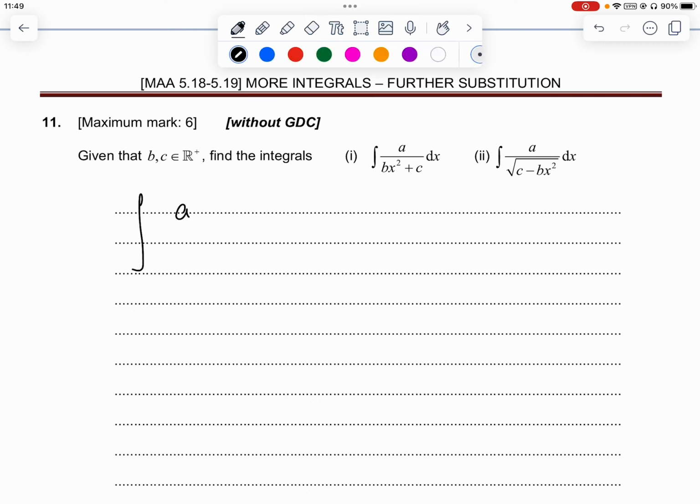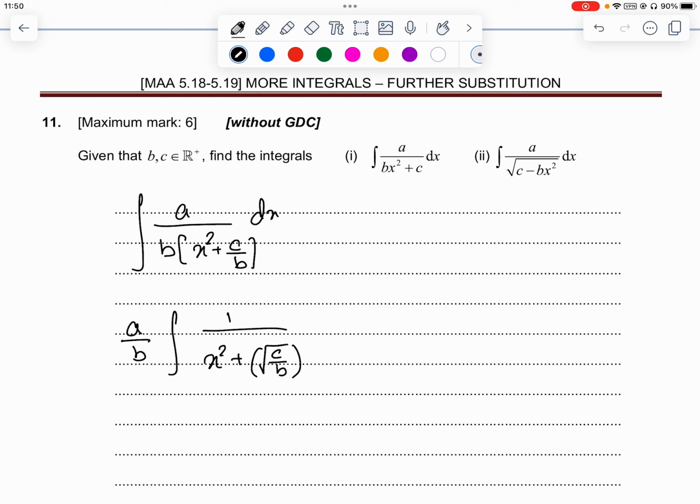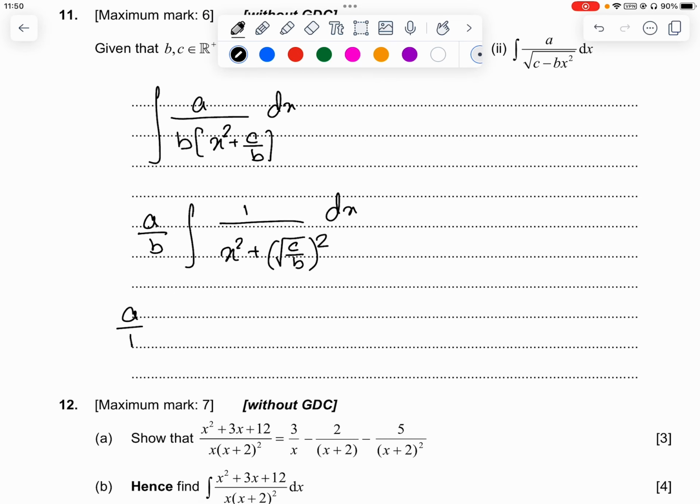Integral of a upon b common, so it becomes x square plus c upon b, dx. So a upon b is outside, integral of 1 upon x square plus (square root of c upon b) whole square. So this is a upon b, 1 upon a, 1 upon square root of c by b times tan inverse of x upon a, square root of c by b, plus c.